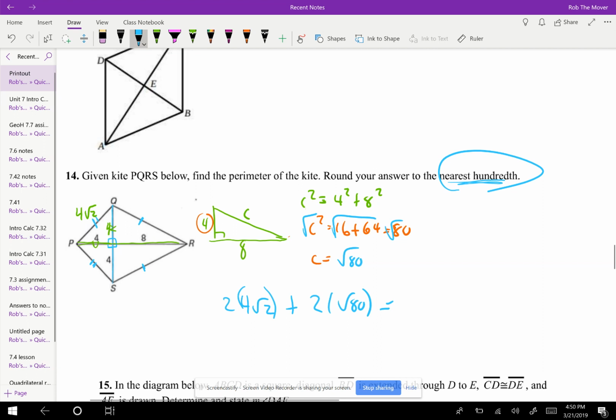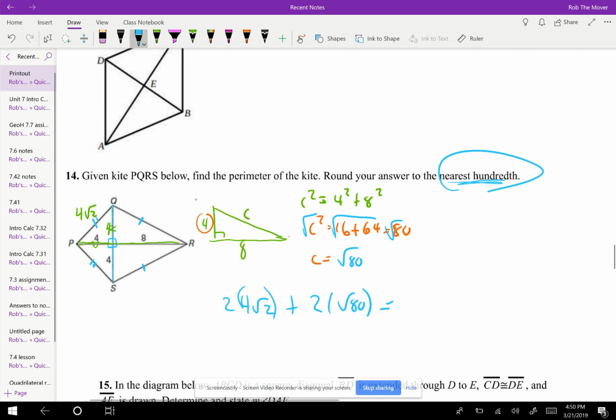See what I get. 2 times 4 times square root of 2, close the parentheses. I'm just going to hit enter in my calculator, make sure that finishes because it looked weird. And then we're going to add that to 2 root 80. So add the answer to 2 times square root of 80.